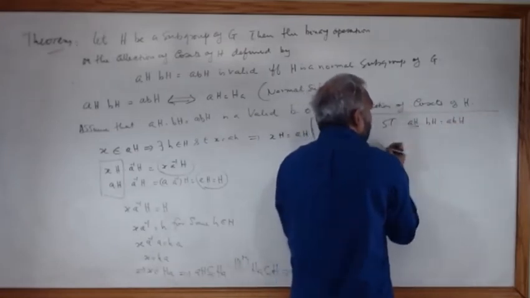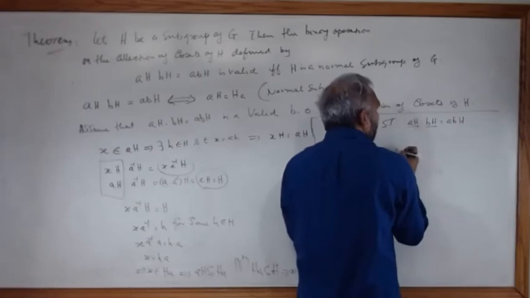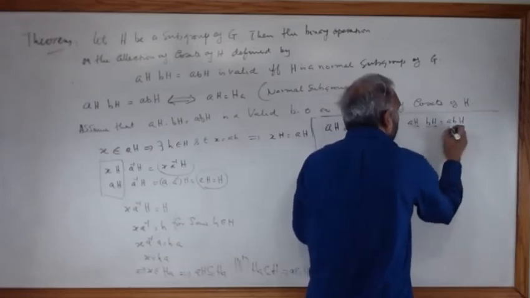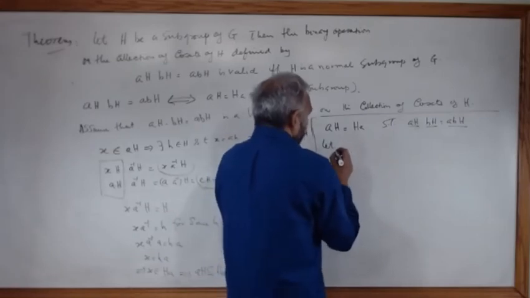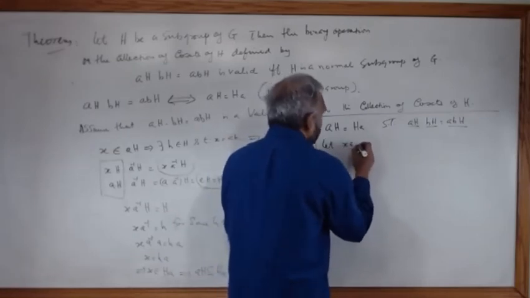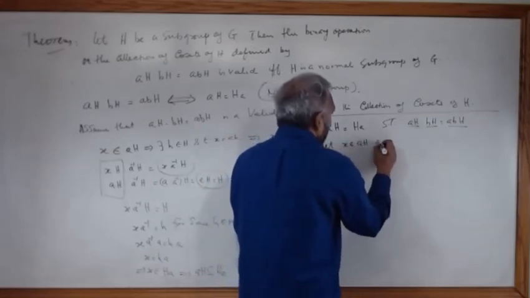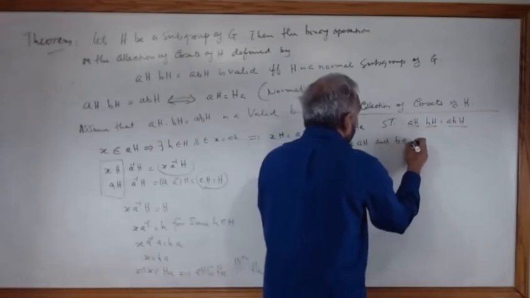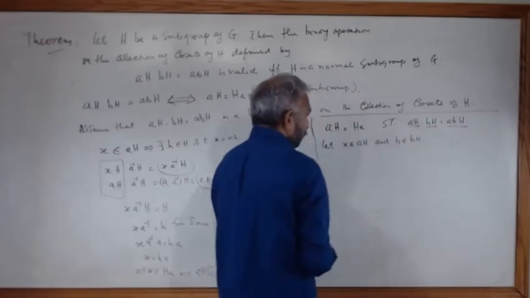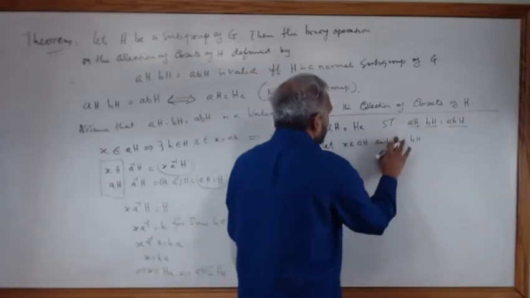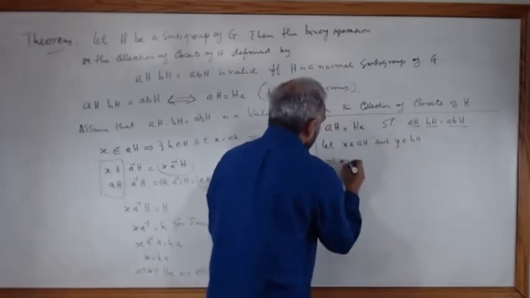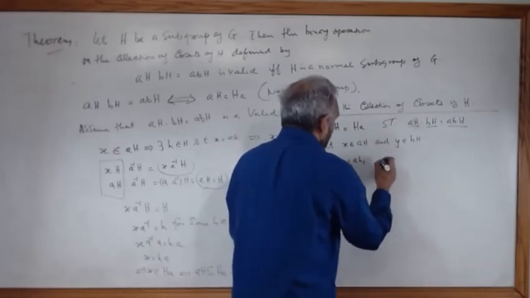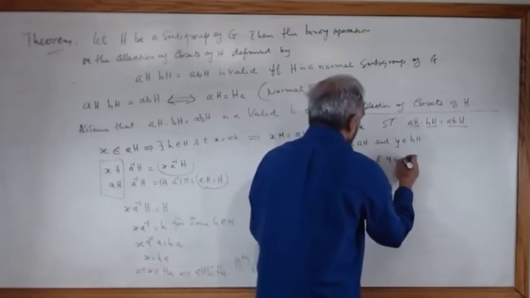Take a general element here, take another general element here, and see that that is a general element of this. So let X belong to AH and Y belong to BH. And this implies X is equal to Ah1 and Y is equal to Bh2.